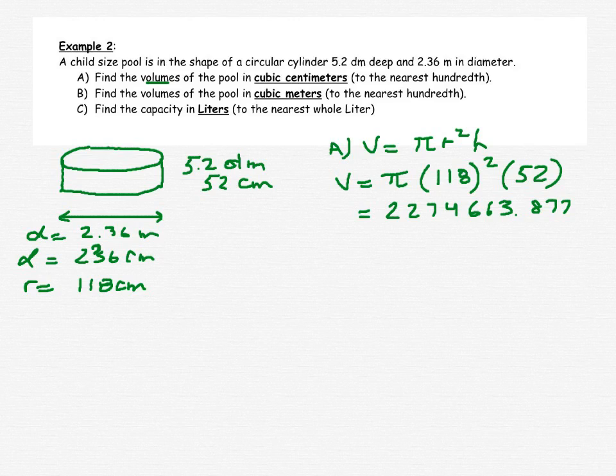That is cubic centimeters, because you had a centimeter for the radius squared times the height, also in centimeters. You had 3 basic centimeters multiplied together, cubic centimeters. Now the question here required the nearest hundredths, so your final answer would be 2274663.88 in final proper rounding.